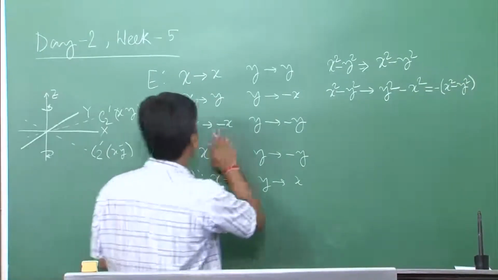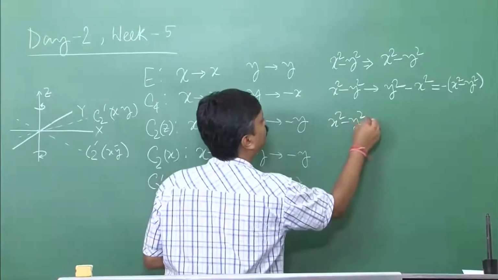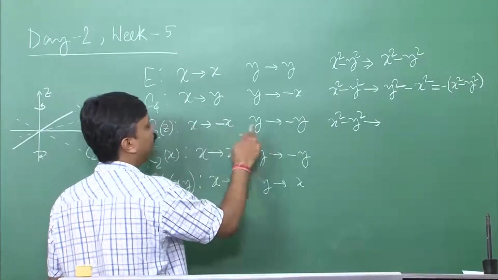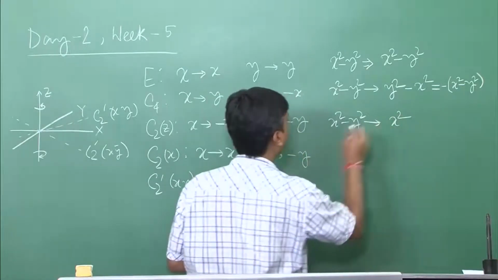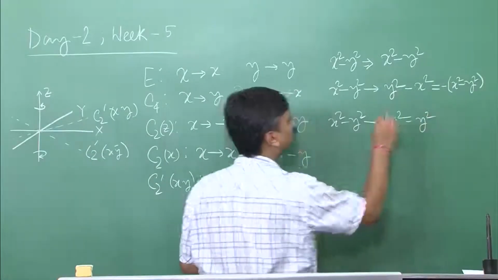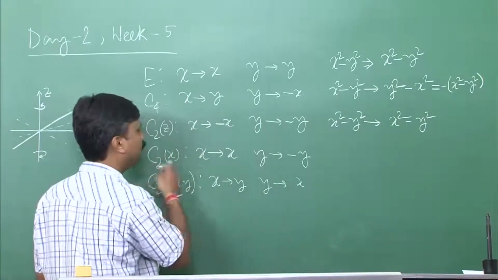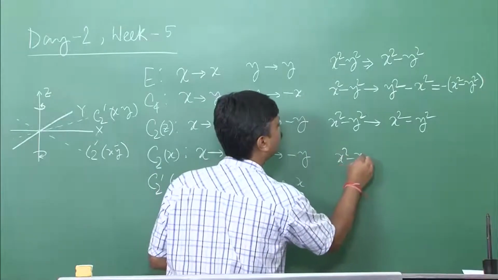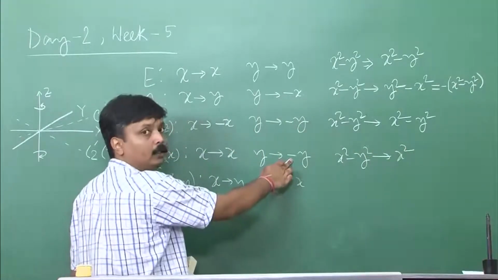So here, for example, when you operate C2z, then x square minus y square is getting transformed: x is becoming minus x, so there is no change here, and this one also remains unchanged. Okay, and for C2x, here your x is remaining x, and y is becoming minus y, all right.